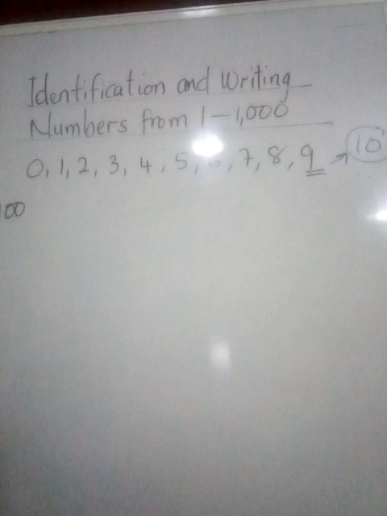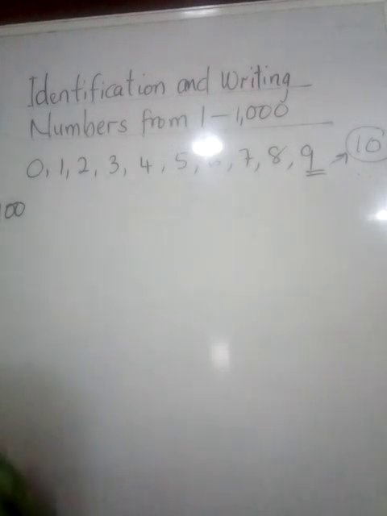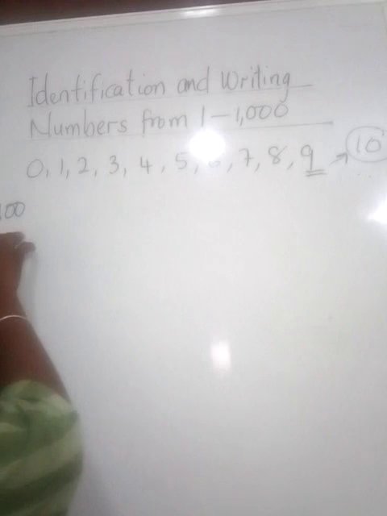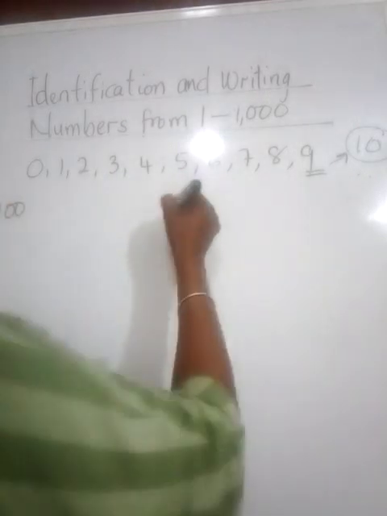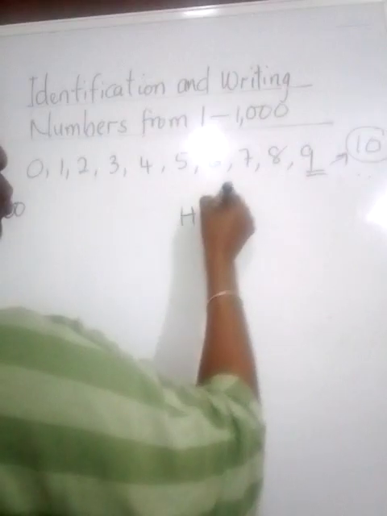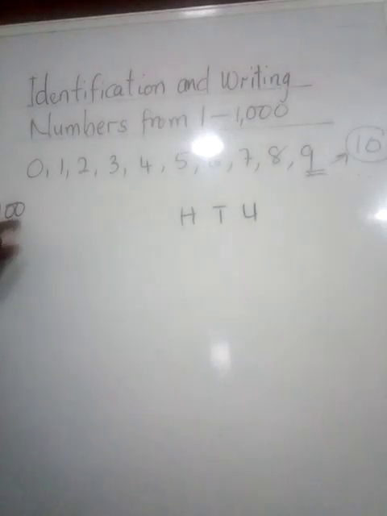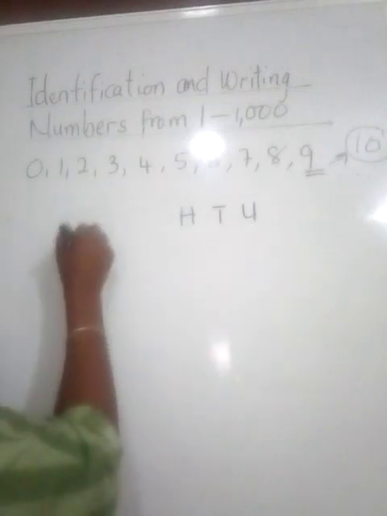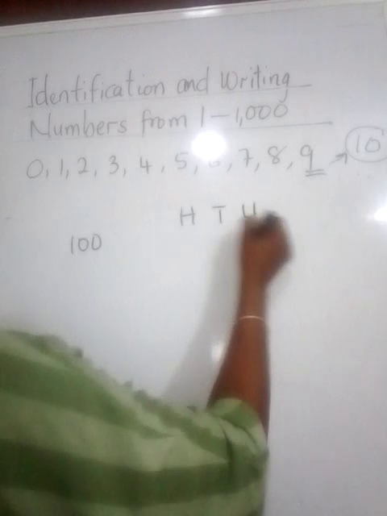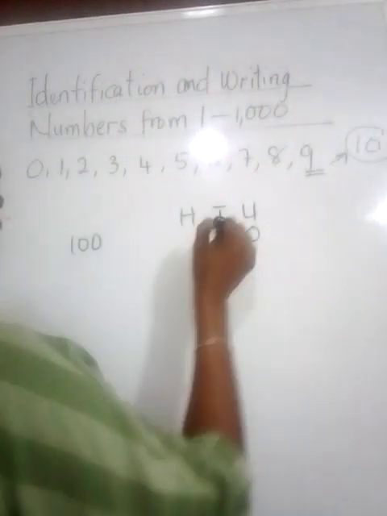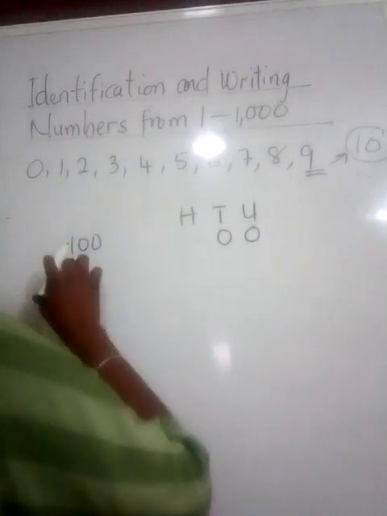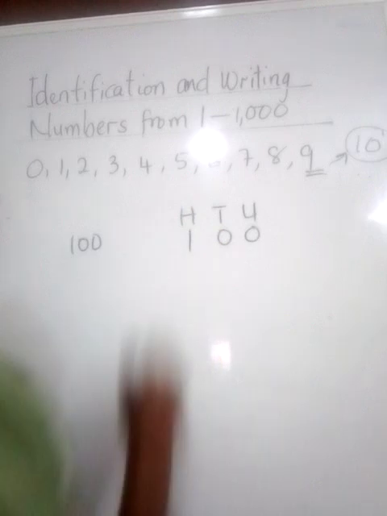I'm sure we all know how we form our 100. So if we are going to show this number in its place value, let's try and arrange. In 100, the first number to the right is what? It is 0. So the unit is 0. And the next number, which is tens, is also 0. And the last number, which is 1, is under hundreds.